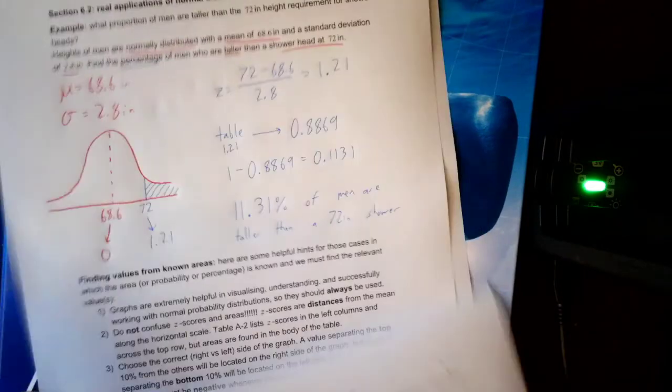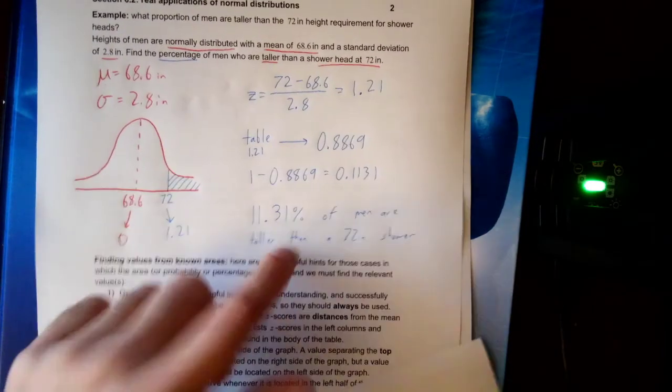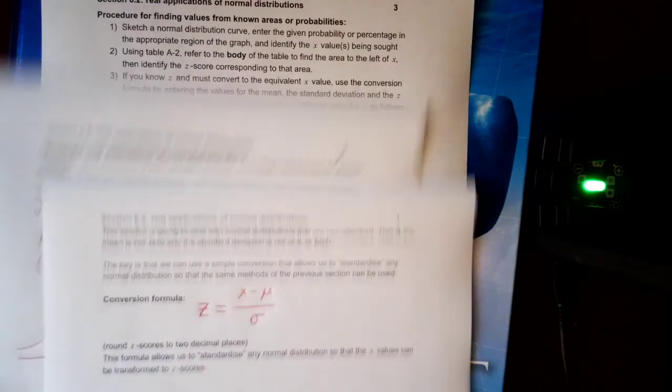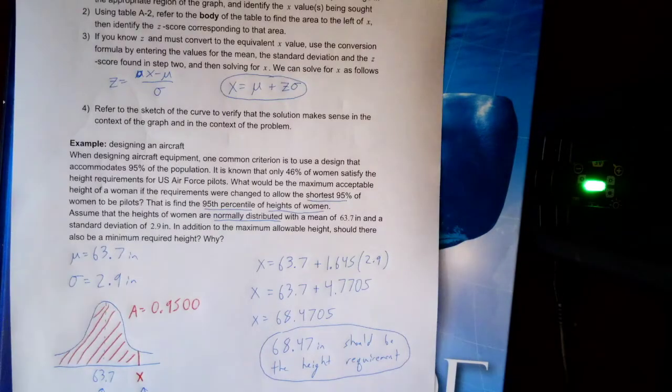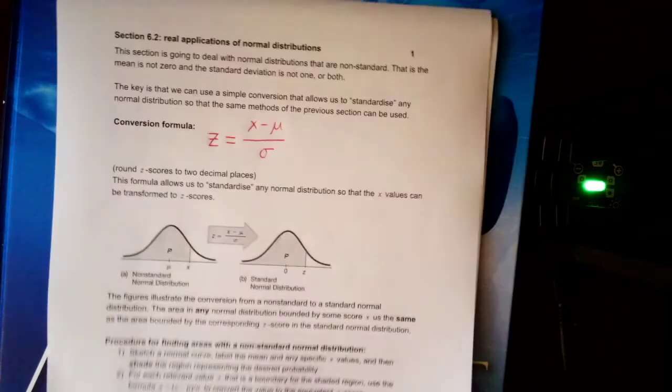And those 2 examples, the first one here, where we standardized and found a percentage or an area or probability, depending on what language you prefer, and then the reverse problem, where we found an actual data value, both relate directly to 6.1. The key here is the conversion formula. You can standardize things.